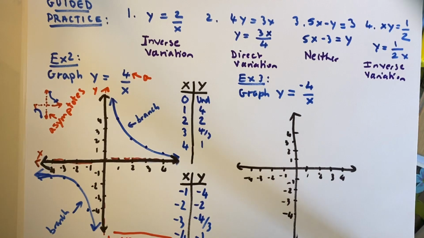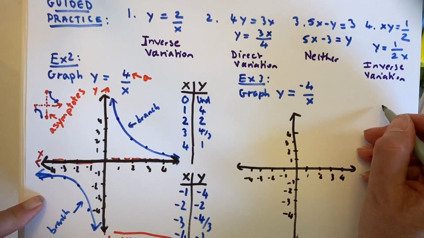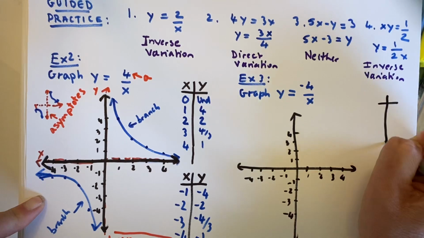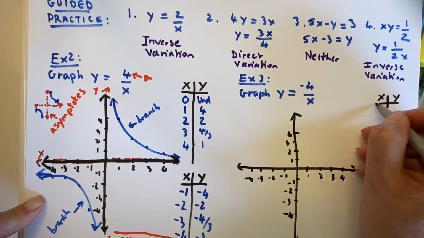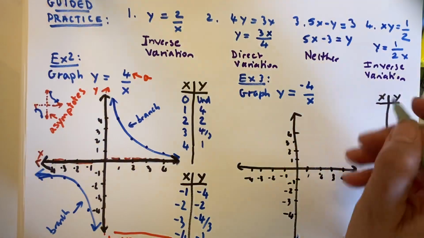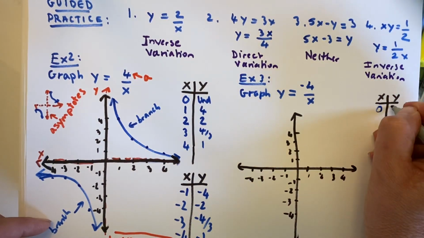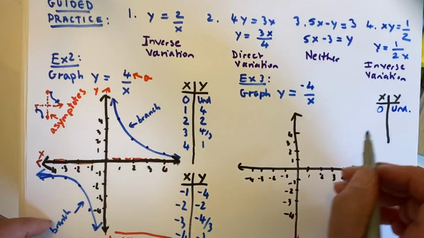Okay. So if I start doing my points, and I'm not going to do all of them because one, it's going to get really even messier than it already is, and two, it's not really necessary. I'm going to very quickly see a pattern. If x is 0, I'm still trying to divide by 0, so it's still undefined.